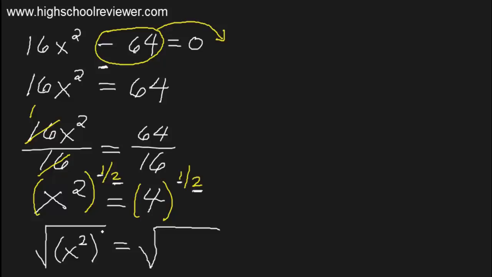So its exponent will be 1. And our base here is 4. Its exponent will be 1. The square root of x squared will give us positive x. And the square root of positive 4, there will be two values, positive and negative, and this will be 2.